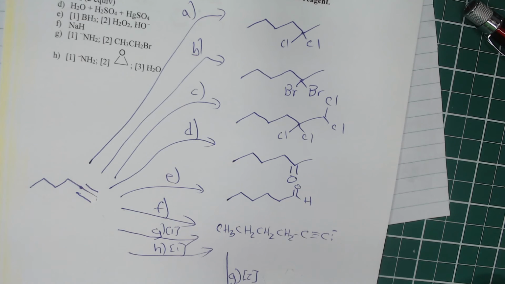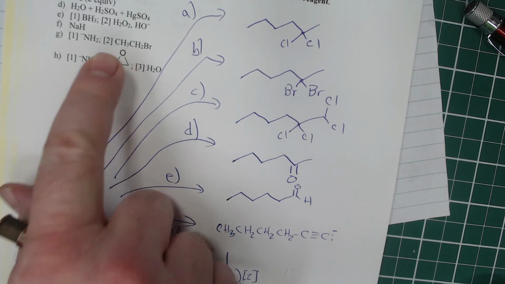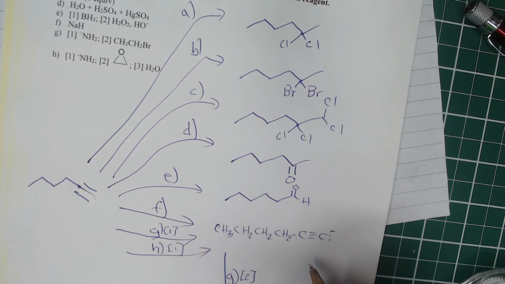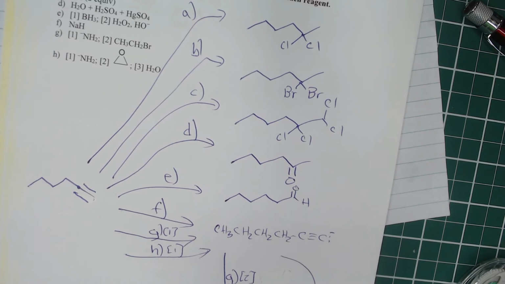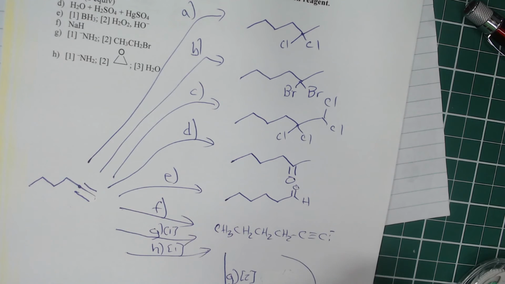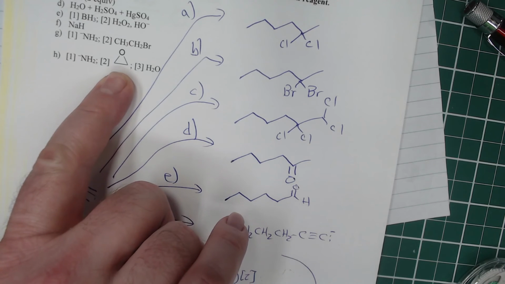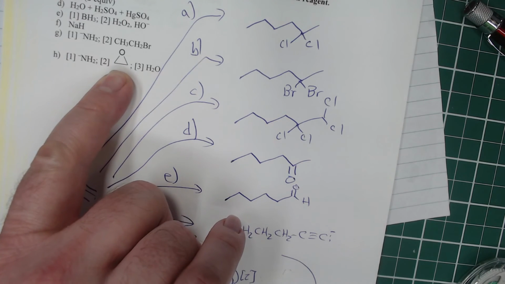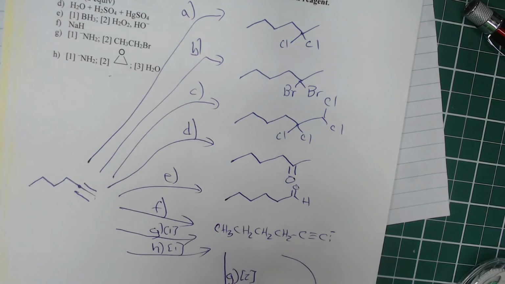And so we've made this new carbon-carbon bond, and so instead of having 6 carbons in our chain, we now have 8 carbons in that chain. And then for H, I didn't leave enough room here. Let's do it like this. So H, for step 2, we'll take that, and this will open up that epoxide.